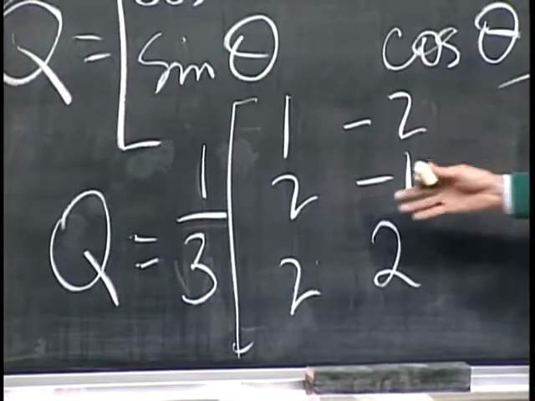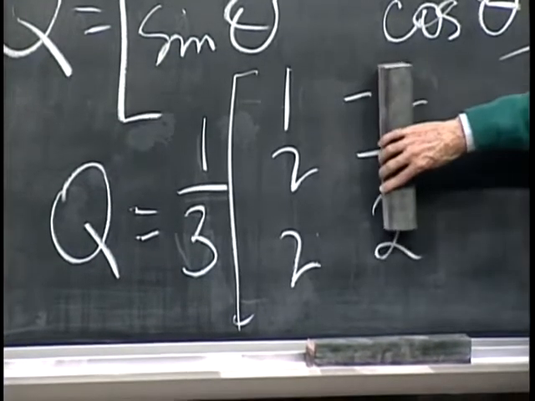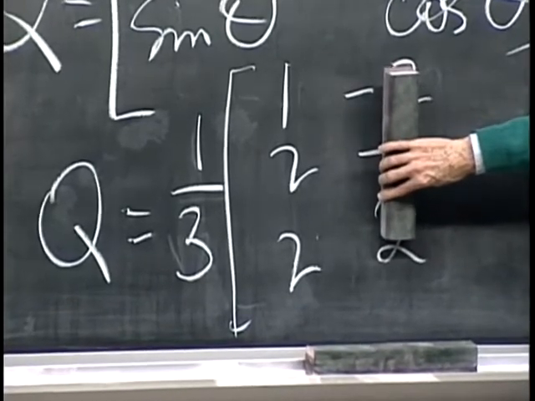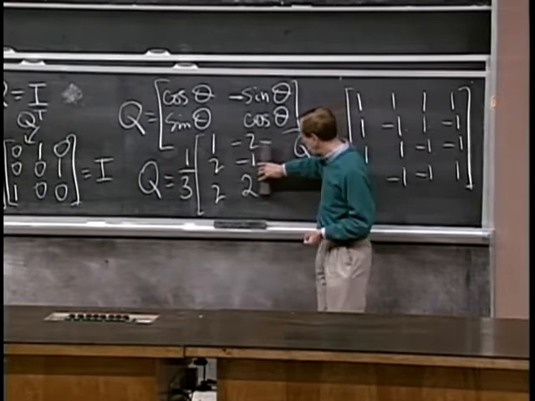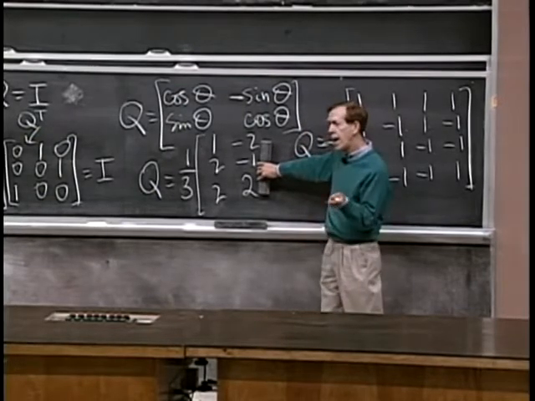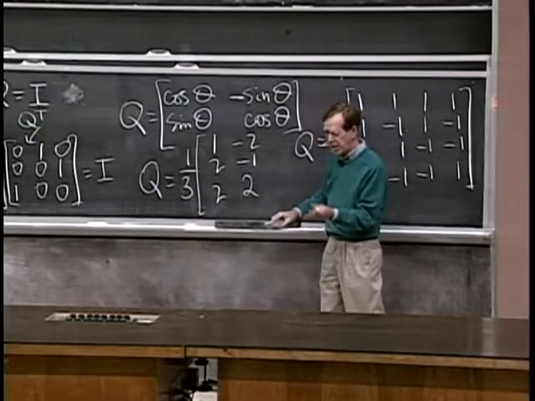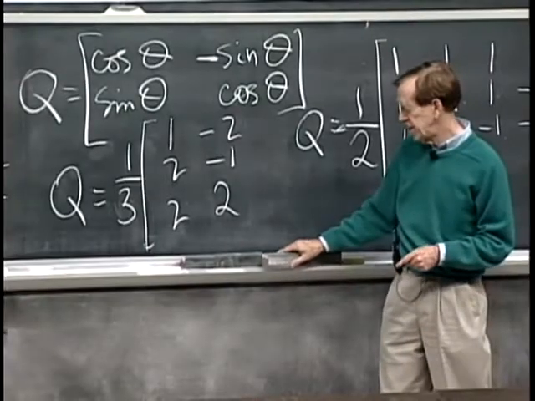Okay, so without that, I've got one orthonormal vector. I mean, just one unit vector. Now, put that guy in. Now I have a basis for the column space, for a two-dimensional space, an orthonormal basis, right?